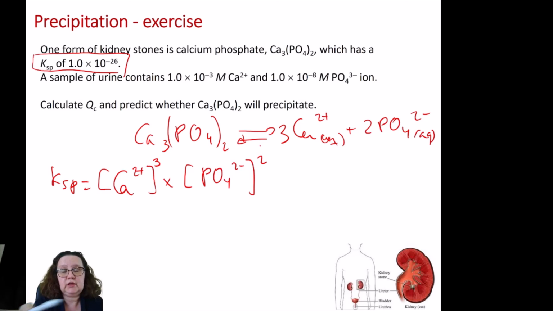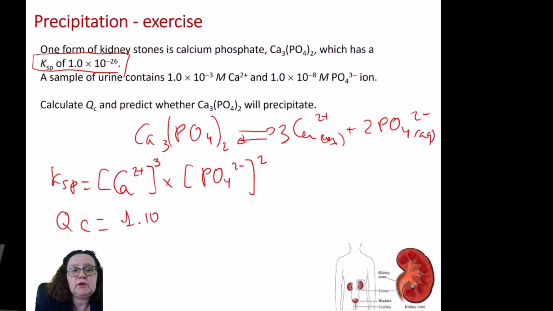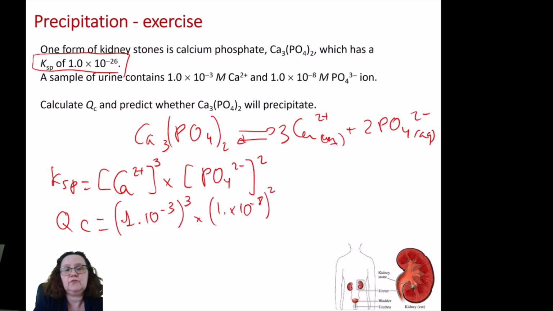From the problem, I know that in this particular example we've got 1 times 10 to the minus 3 molar of calcium ions, to the power of 3, and 1 times 10 to the minus 8 molar of phosphate anions, to the power of 2.